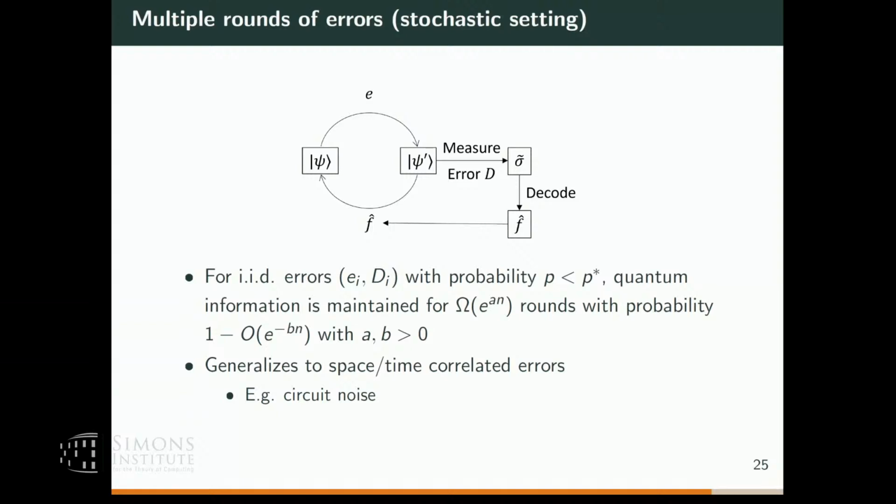And because this can also handle this kind of correlation, that allows you to decode circuit noise as well. Because in the case of circuit noise, one component of the circuit could fail, and then that could propagate into a few data or syndrome errors. But because we can deal with this correlation, that would just result in the threshold maybe being lowered by some constant factor.